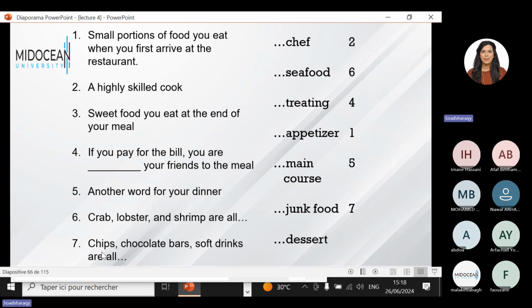You have chips, chocolate bars, soft drinks, all are what? Junk food. Yeah, okay. Good. Thank you. Good answers. Of course, you should learn this new vocabulary by heart, okay?